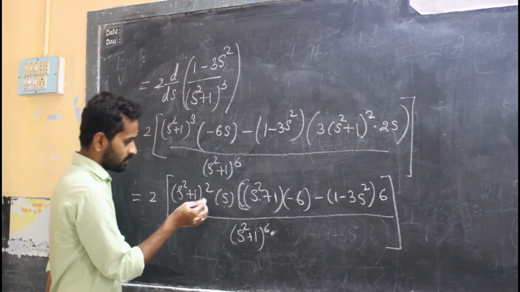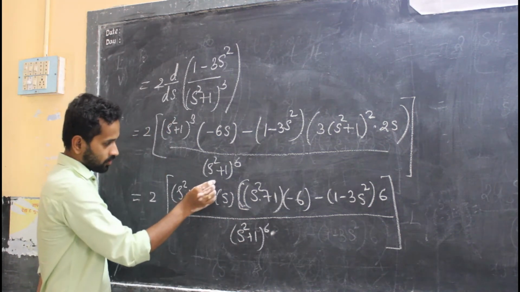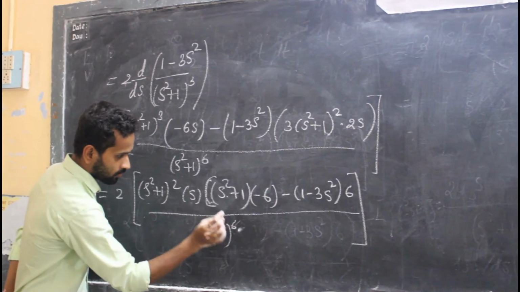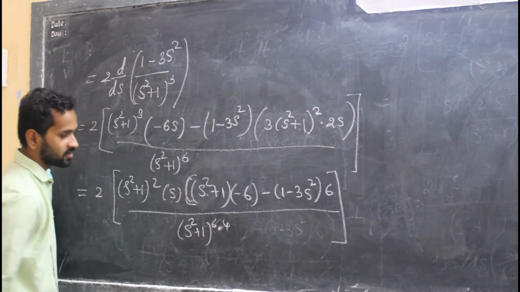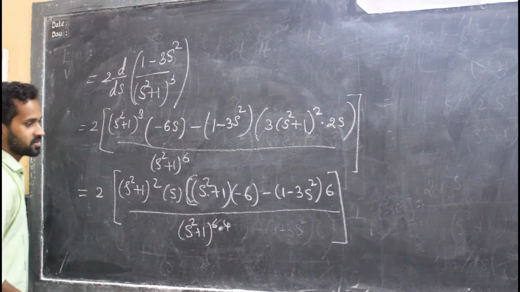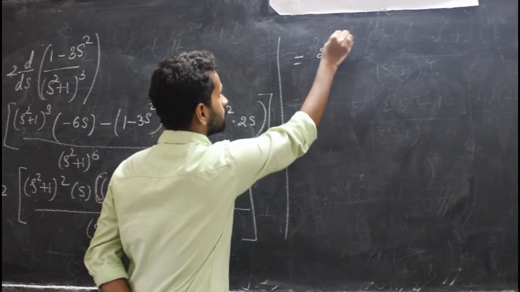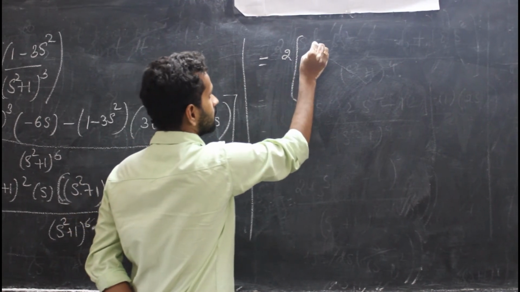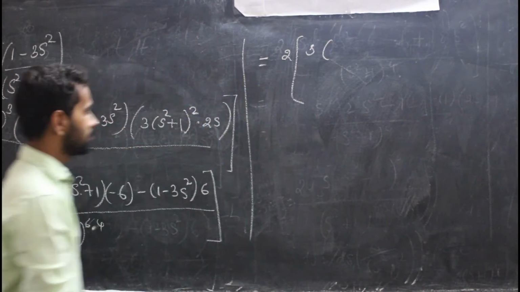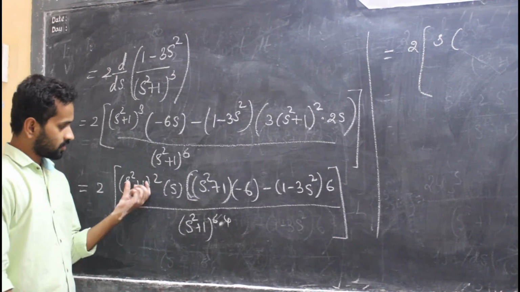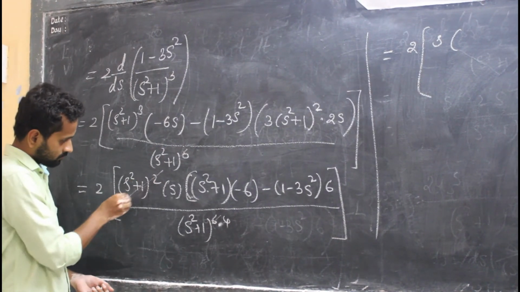Now (x square plus 1) whole square and whole square get cancelled and left out with 4 here. So this becomes 2 into x into, look at it, (x square plus 1) whole square will get cancelled. Is it clear?